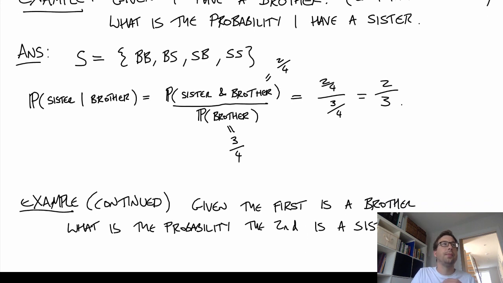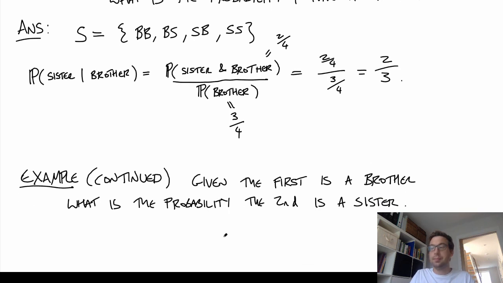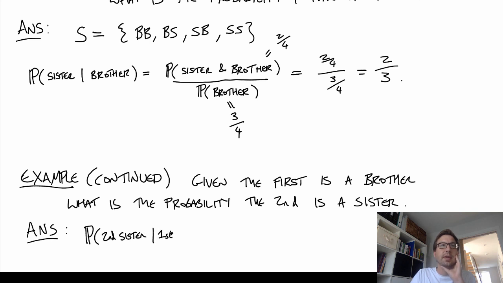Well, the state space is the same here, but if I want to do the calculation now, the probability the second sibling is a sister given the first is a brother, notice I'm considering just 2 parts of this sample space: brother, brother, or brother, sister.